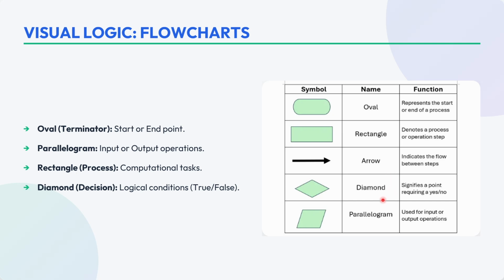Diamond signifies a yes or no; it is used when Boolean expressions are used. Next is the parallelogram. This symbol is used when the user has to input some values, or at the end for an output operation.